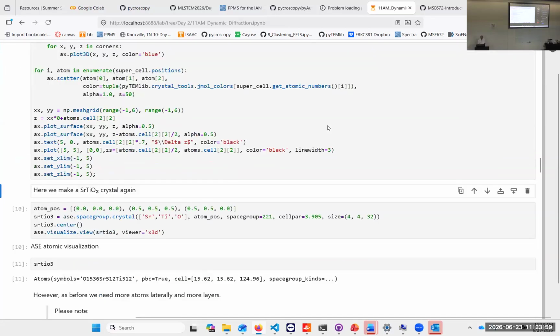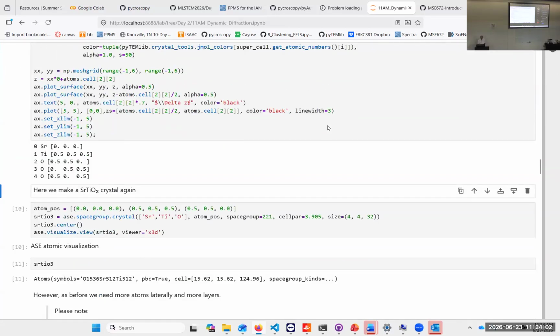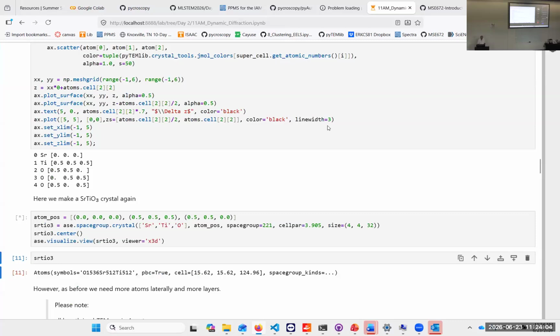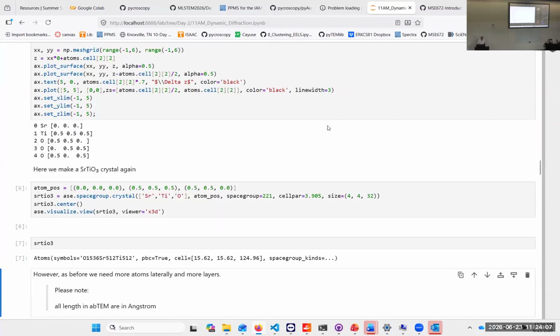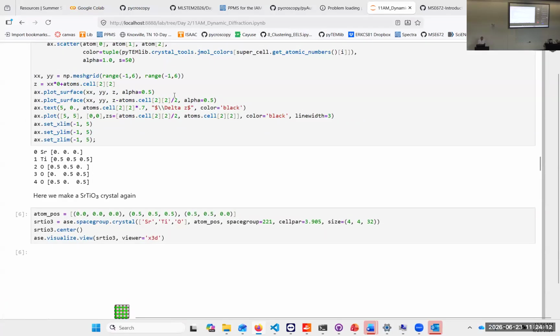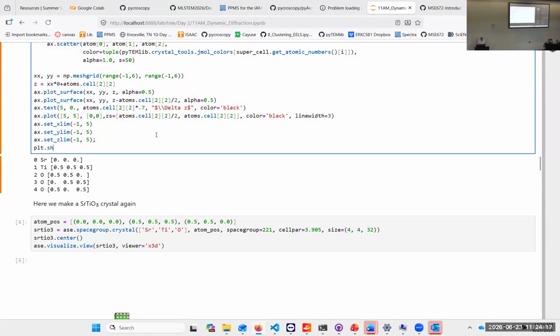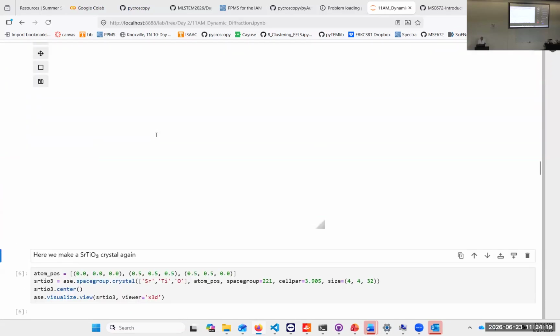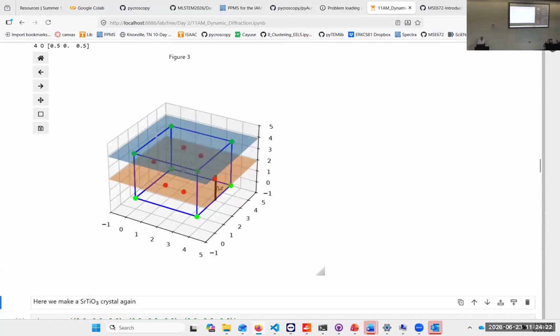So if I do that here, we have our crystal. Here's my plot. We have a unit cell, and a single unit cell, I'm saying that now so that I don't forget, is not enough.